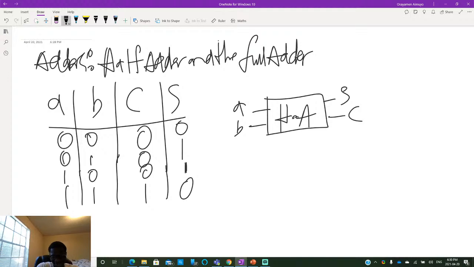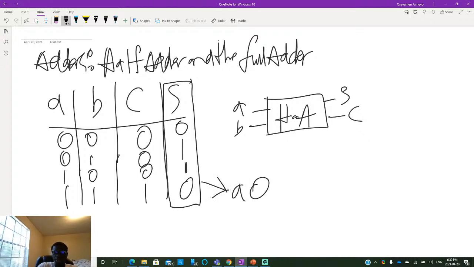So now notice that this sum can be represented as an XOR function, right? So it's basically just A XOR B, right? So you have like 0, 0 gives you 0, 1, 1 gives you 0, 0, 1 gives you 1, 1, 0 gives you 1. Okay?